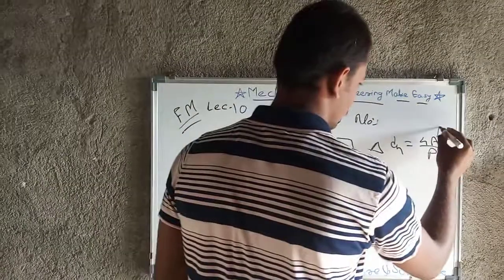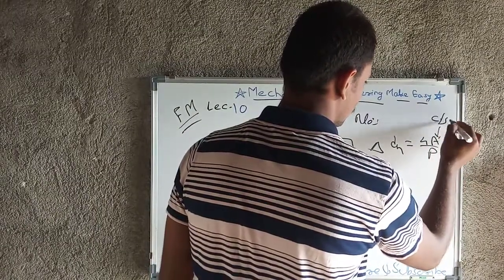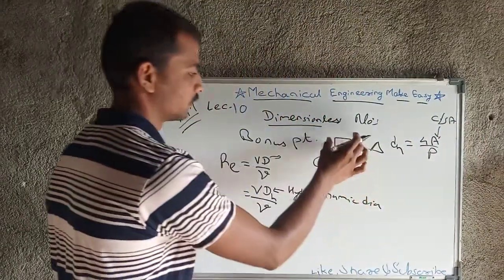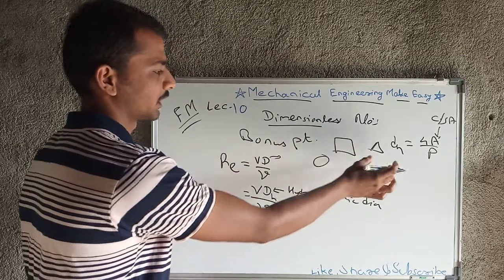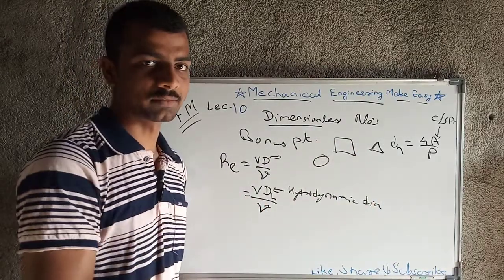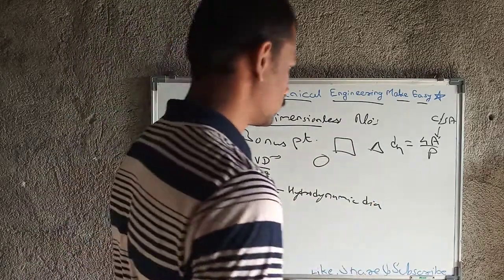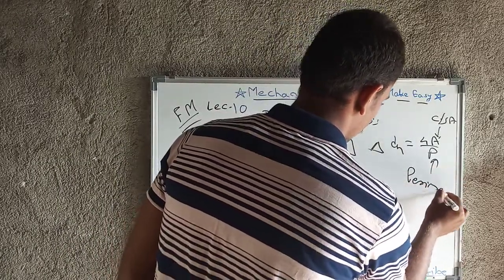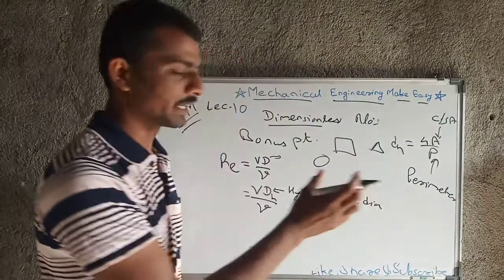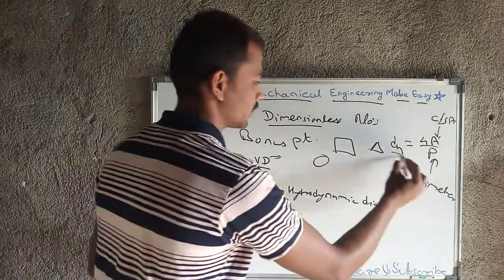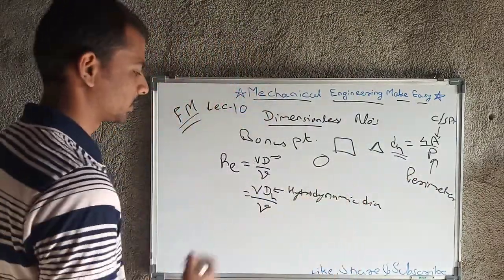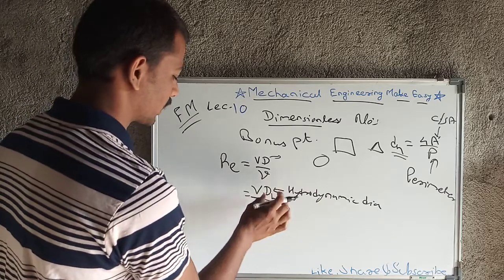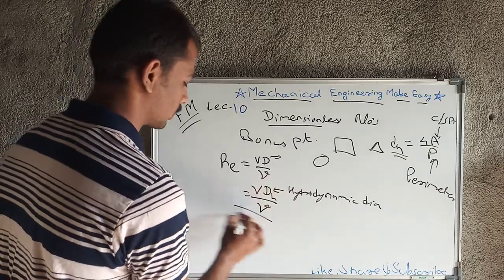This is the cross sectional area of that pipe, which may be rectangular, triangular, pentagonal, hexagonal or any shape, and this is the perimeter. So 4 times area upon perimeter is the equation for hydrodynamic diameter, and we have to put that hydrodynamic diameter in the case of Reynolds number.